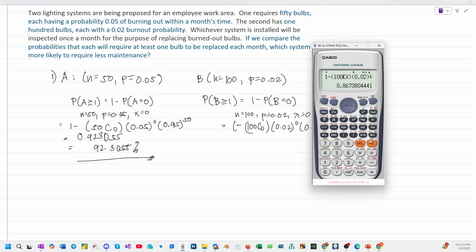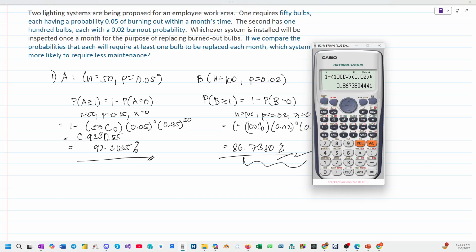Okay. Kaya naman siya. 86.737380%. Ngayon, kung titignan natin, you can see that ang pinakakailangan na ang less maintenance is, second system, kasi 86% lang yung sure na at least one ang burn out within the given time.